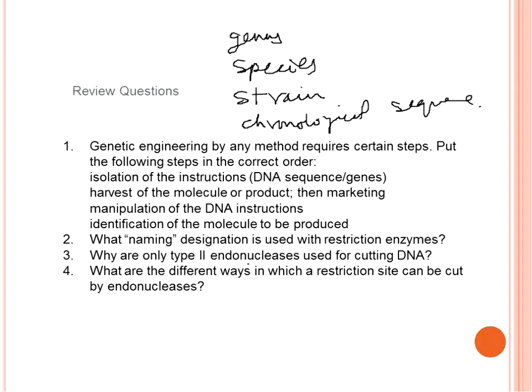Kathy says they need ATP, adenosine triphosphate. Okay, that's the source of energy, right? And also they have DNA modification activity, right? So that's not good. So that's why only type 2. Type 2 have all the right characteristics.